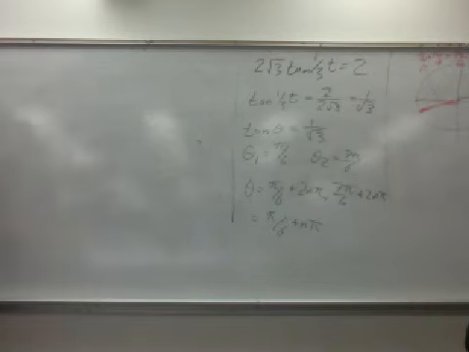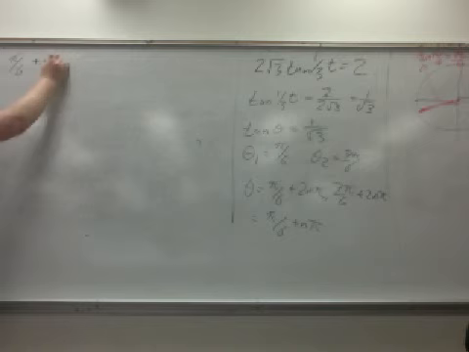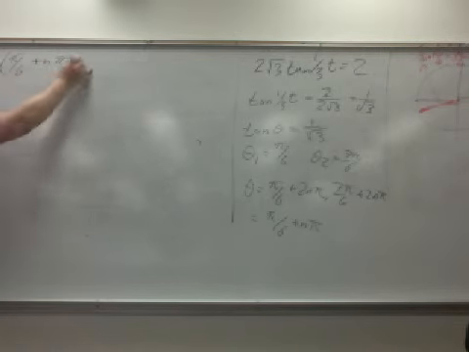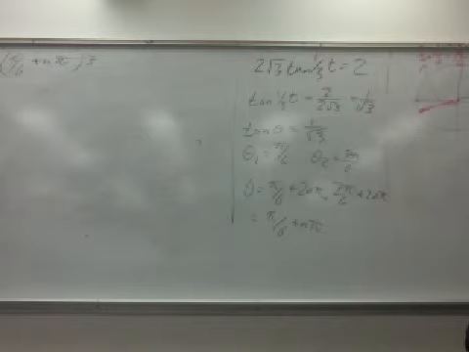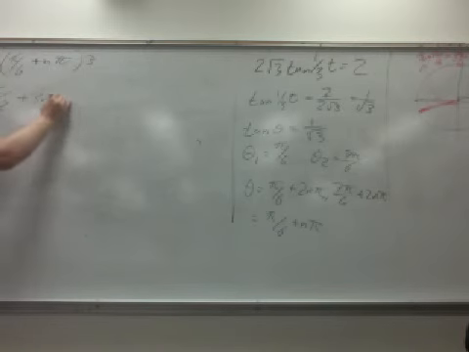So if I'm using the second solution, I have that 1/3 t equals pi over 6 plus n pi. Then I want to multiply both sides by 3 to cancel off that 1/3. So I'll get t equals pi over 6 times 3, which is pi over 2, and pi times 3 is 3n pi.